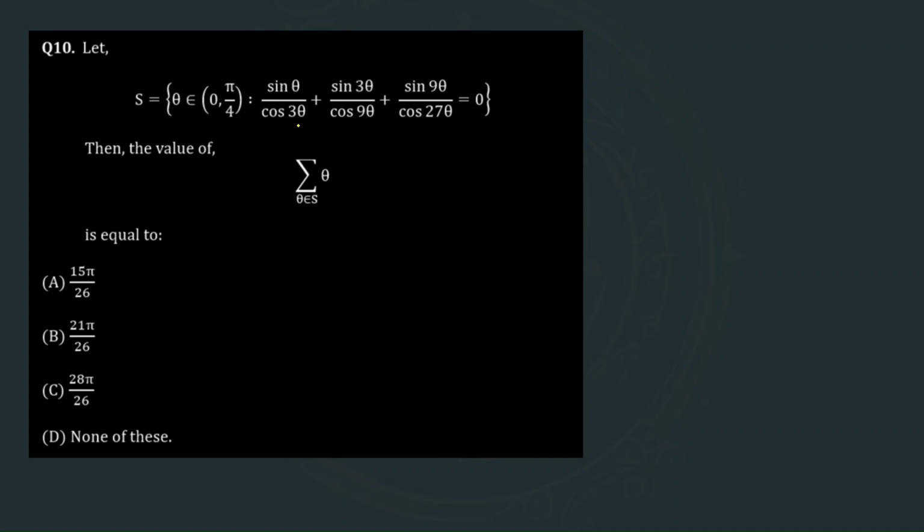Basically, there is a trick in this type of questions. Whenever we see sine theta divided by cos of 3 theta type of expressions, you have to keep in mind that this type of expressions can be converted into a telescopic series. How? We write this equation here and multiply both numerator and denominator by cos of the upper angle, which is theta.